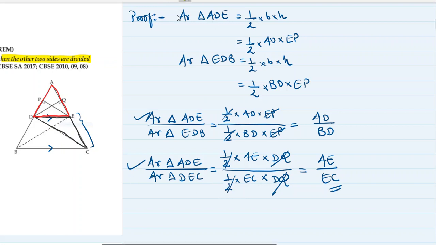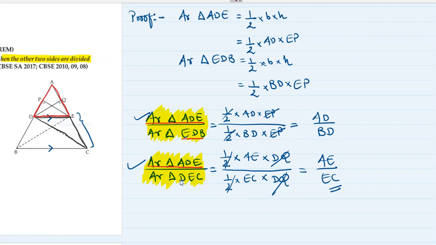But are these two ratios equal to each other? That is the whole idea. If you compare the numerators of these two ratios, the numerator is area of triangle ADE in both. The numerators are the same, but what about the denominator? In the denominator of the first fraction, I have triangle EDB.